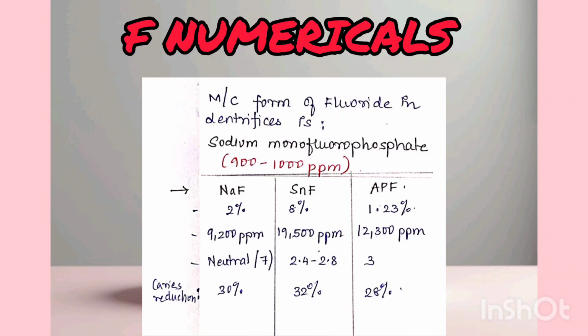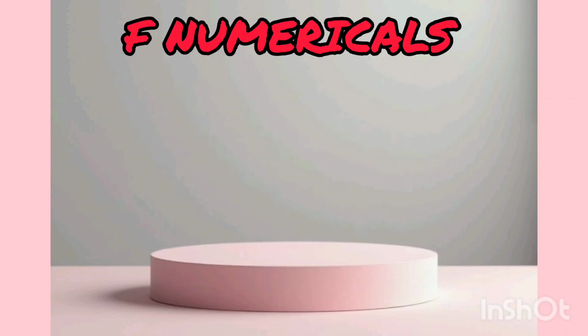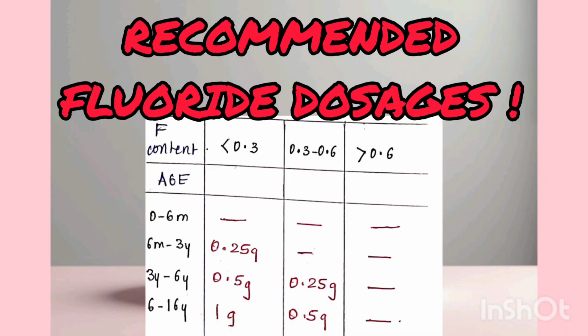Now with respect to pH, we have neutral pH or 7 for sodium fluoride, 2.4 to 2.8 for stannous fluoride and 3 for APF. The caries reduction percentage is 30%, 32% and 28% respectively. These are the recommended fluoride dosages.